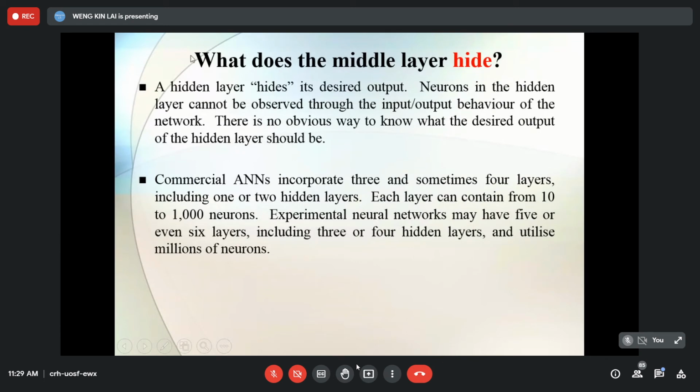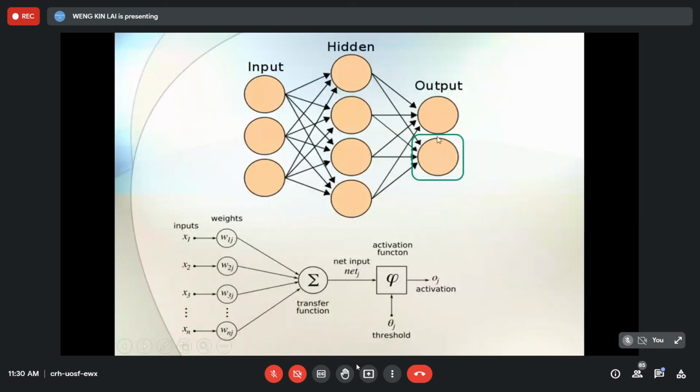So the hidden layer hides its desired output. And neurons in the hidden layer cannot be observed through the input-output behavior of the network. There is no obvious way to know what the desired output of the hidden layer should be. Here at the output layer, I can calculate the actual output and compare against what I wanted, which is the desired output.